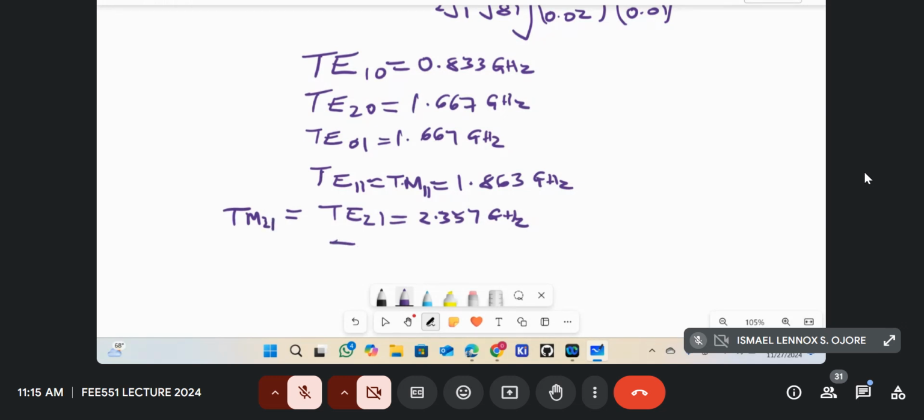Then you have TE30 at 2.5 gigahertz, and the operating frequency is 3 gigahertz. Yeah, so these are the first 8 propagating modes that I found.